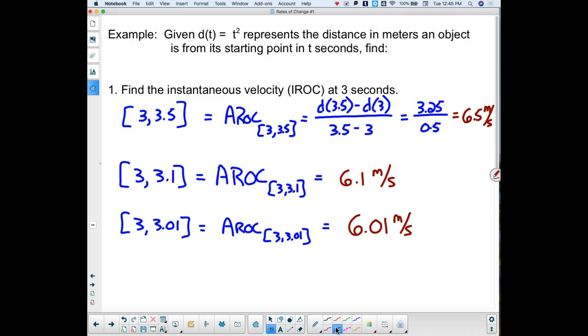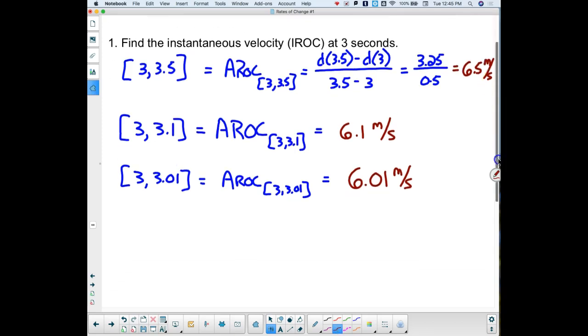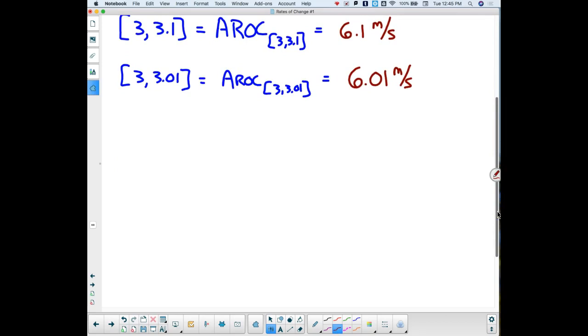So it looks like the IROC is what? 6? It looks like if we would keep going, this number is getting smaller and smaller, closer and closer to 6. So I would venture to say that the IROC at t equals 3, the instantaneous rate of change at 3 seconds, is 6 meters per second.